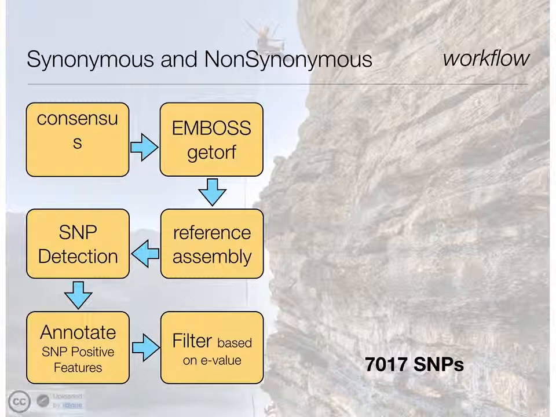That really just looks for start and stop codons. I would have done this on the command line, just like you did BLAST. It would have probably been getorf, in, out. Okay, it's very similar. I assembled those, stacked them, found the SNPs, and then annotated after the fact, and then filtered based on E values.